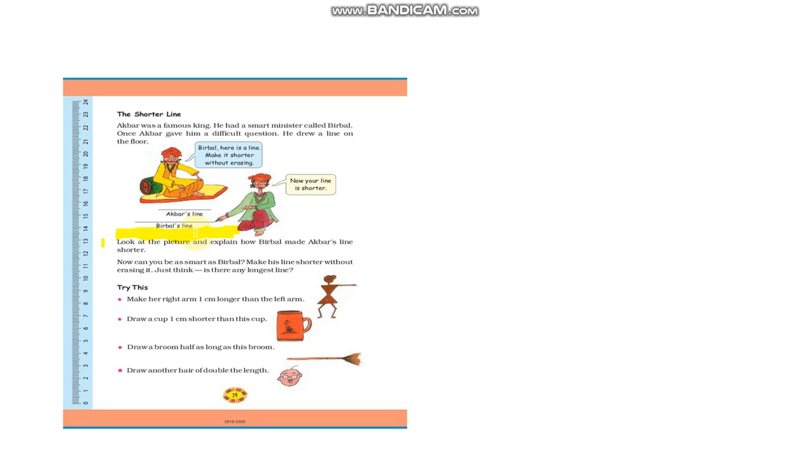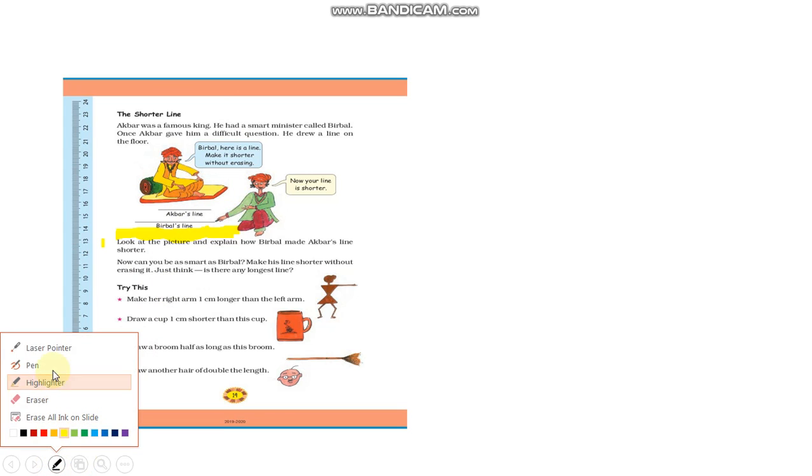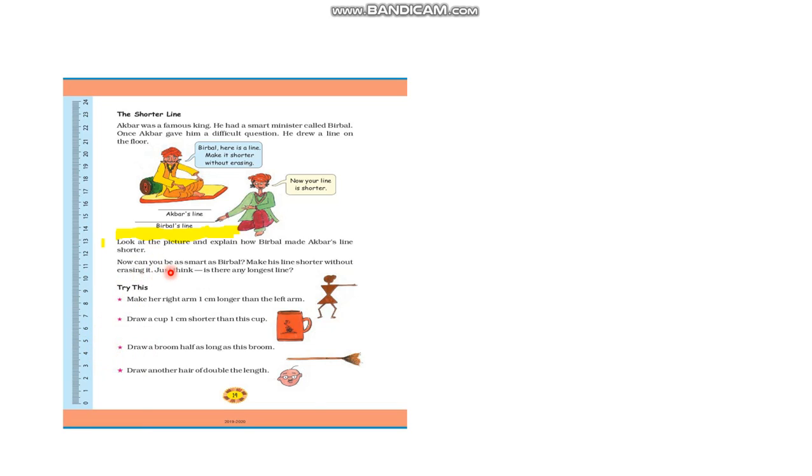You have to think about this. Okay, students, that is the small story. Next, can you be smarter than Birbal? Make the line shorter without erasing it, just think. It is a longer line that we have drawn. Okay, fine.